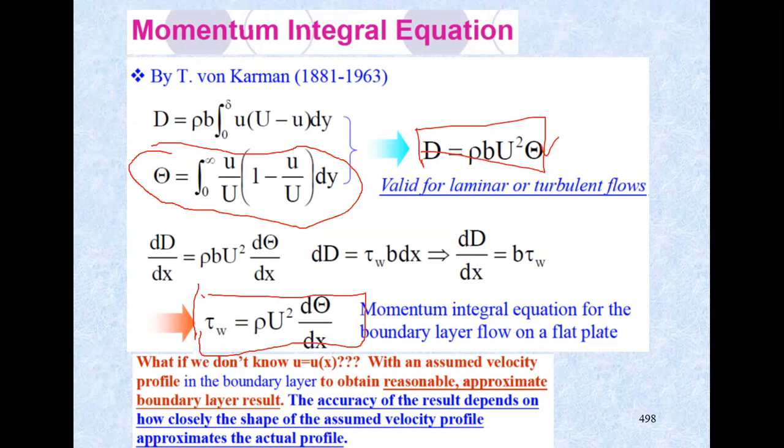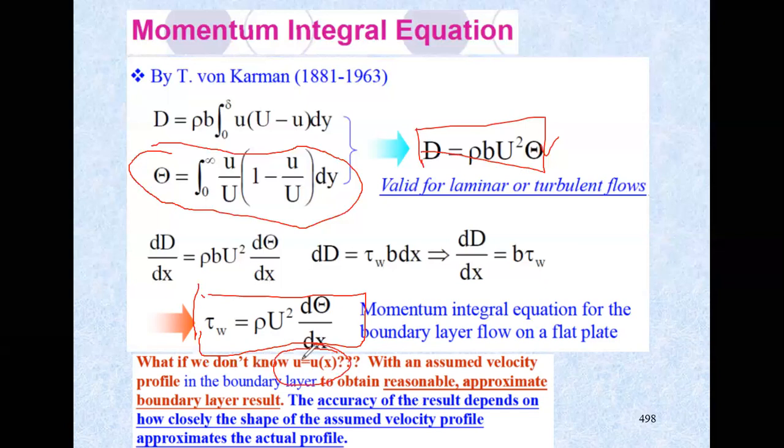But we don't know what the velocity profile related to this one is. What the momentum integral solution tries to provide is, if you assume several velocity profiles, and then work from there.